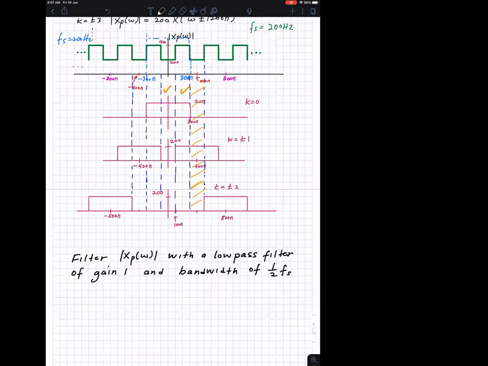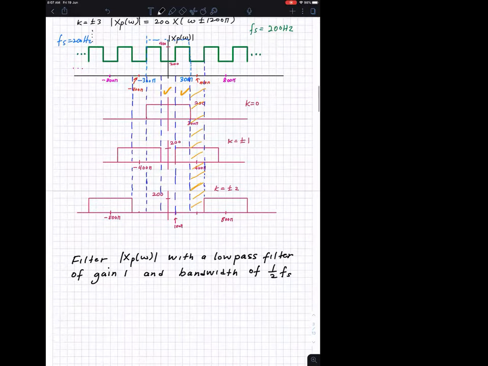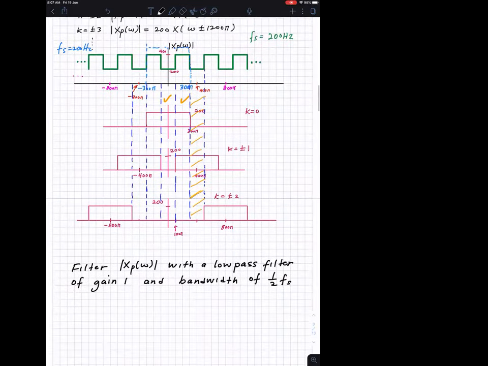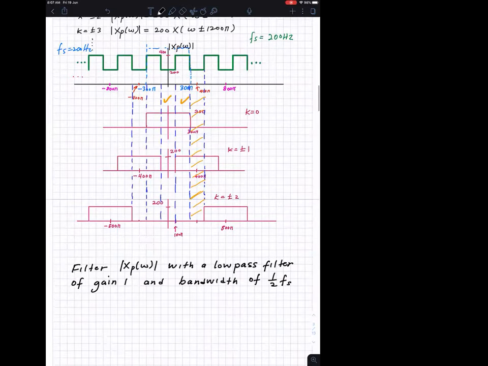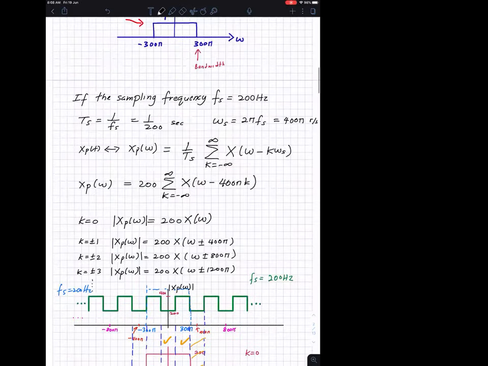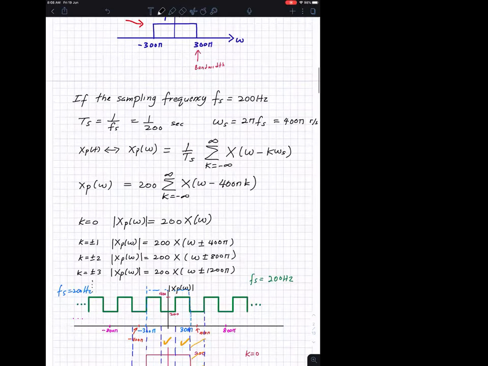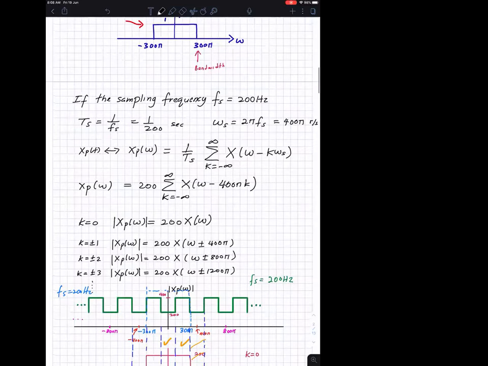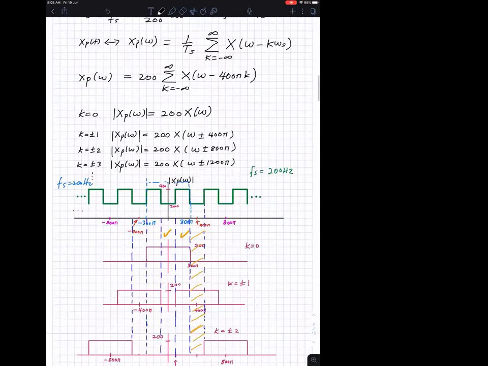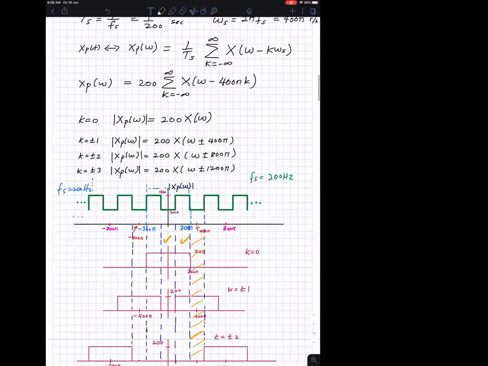So in this case, if the sampling frequency was 200 Hertz, a sampling frequency of 200 Hertz.